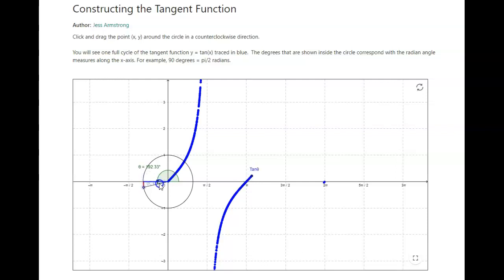Now it's going to wiggle through that 0 into quadrant 3. Now we're bending again back up towards positive infinity. We can't cross this vertical asymptote at 270 degrees or 3 pi over 2. So now we're approaching the fourth quadrant from 3 pi over 2 to 2 pi, and here comes another piece of that wiggle, and we're back to 0 or 360 in degrees, 2 pi radians.